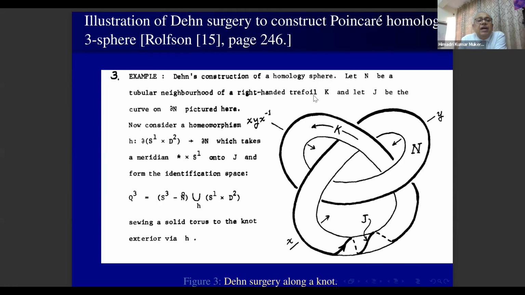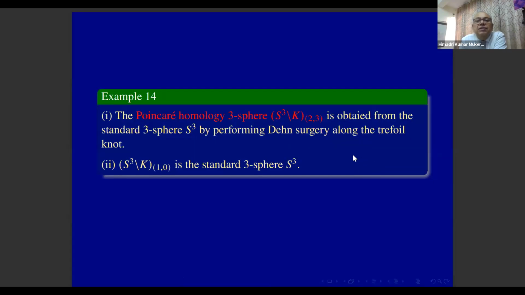Let J be a curve on the boundary of the neighborhood. So J is this dark circle. It runs like this, wrapping two times on one side and three times on the other side. That's why (2, 3).